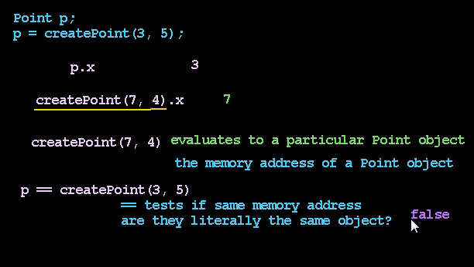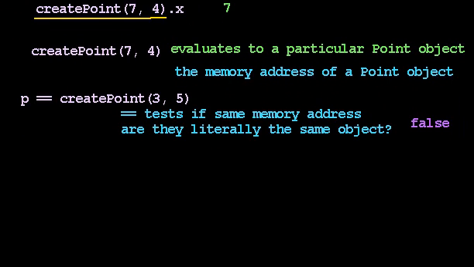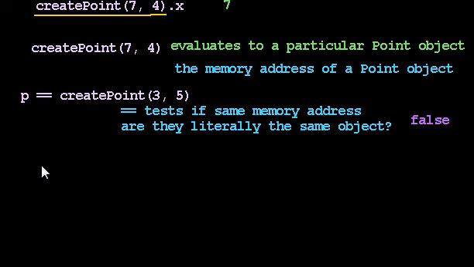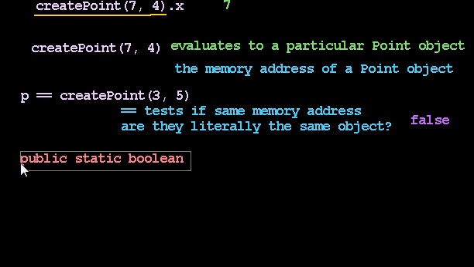Which is frustrating because maybe you want to know, are these two points equivalent? Do they have the same coordinates? So let's write a method that would do that. Public static, and it's going to return a true or false, so a boolean value. I'll call it sameCoords for same coordinates.